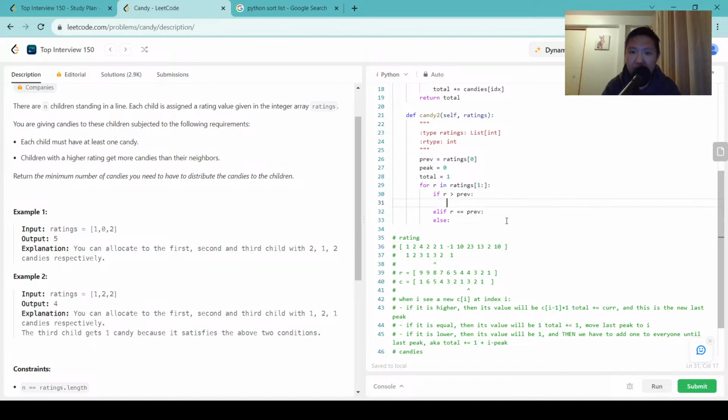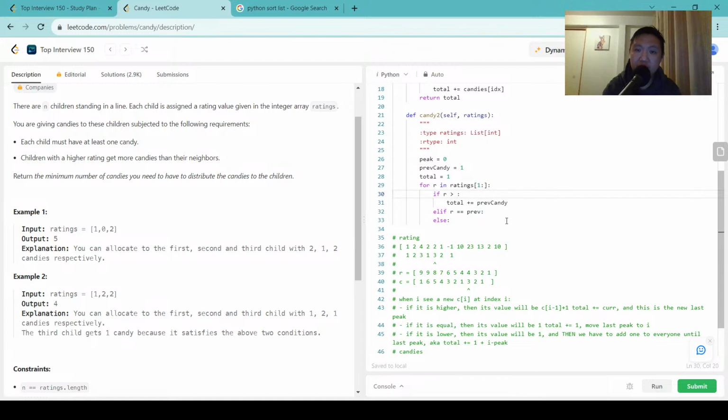Okay, so if R is larger than prev, then total plus equals previous candy. Previous is 1.